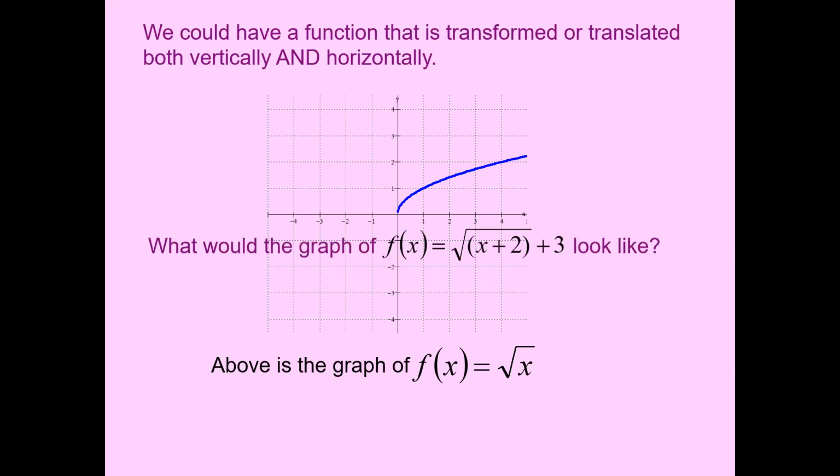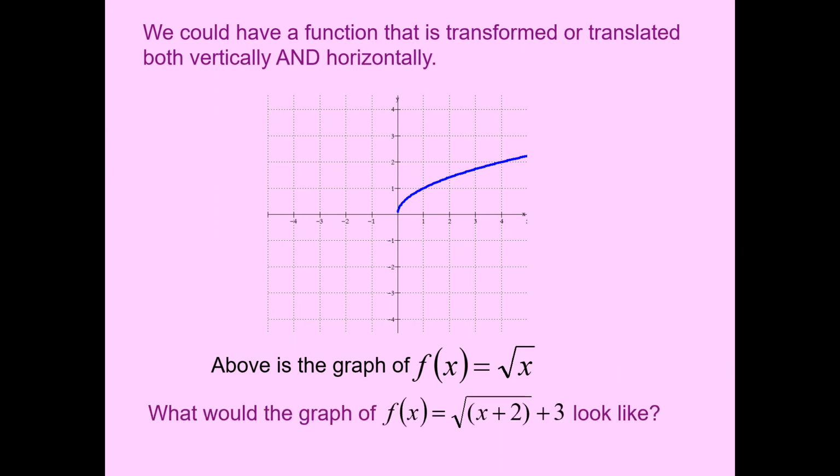Now, what I want to do is a combination. I would like to do the graph of f of x is equal to the radical of x plus 2 inside the radical, then plus 3. Notice the plus 3, it's outside of the radical. This plus 3 will be your shift upward, which is your vertical translation.